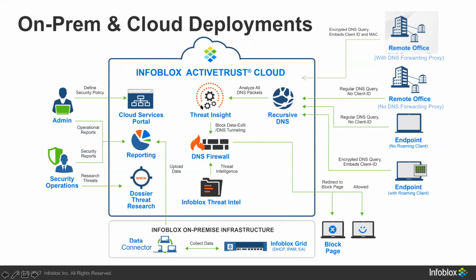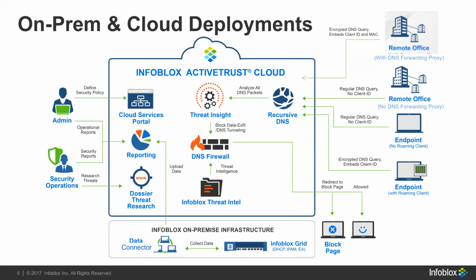Moving into how the product can be deployed. Today we support ActiveTrust Cloud for all the different deployment models that our customers have. Of course, we start out at the bottom of this picture with the on-premise network-based infrastructures. ActiveTrust Cloud can be set up as a forwarder, so you can forward your DNS queries from your network up into our cloud.